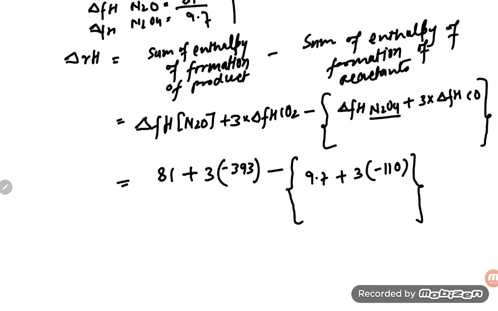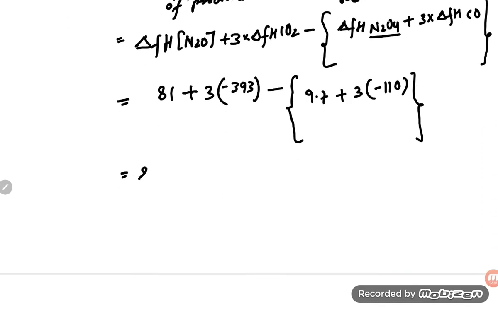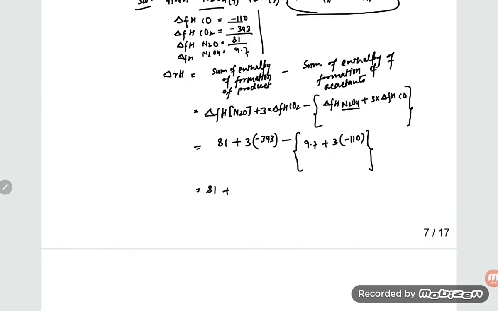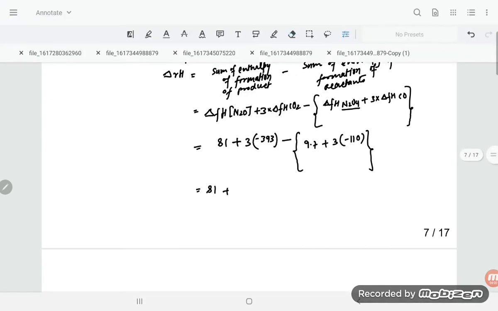So firstly let us solve the bracket. 81 plus, multiplying plus into minus, what will it be, student? Plus into minus is coming minus. So this is minus 393 multiplied by 3, which is 1179.